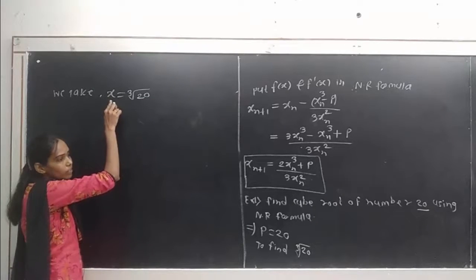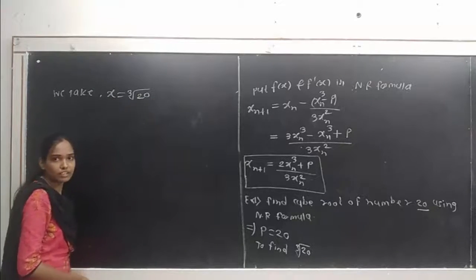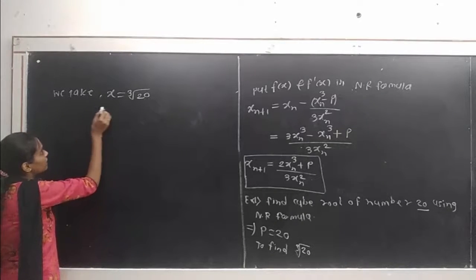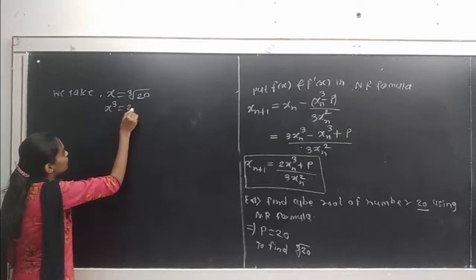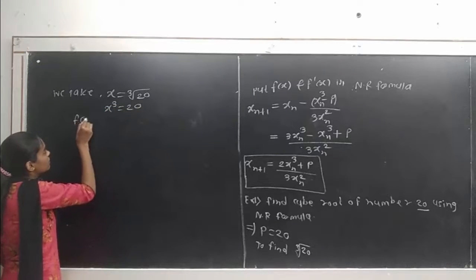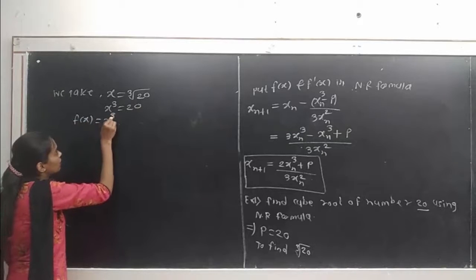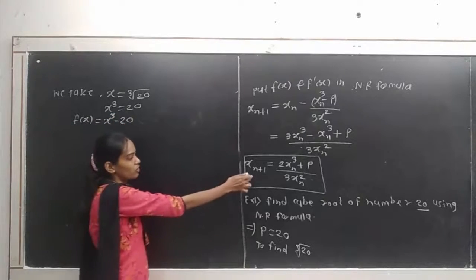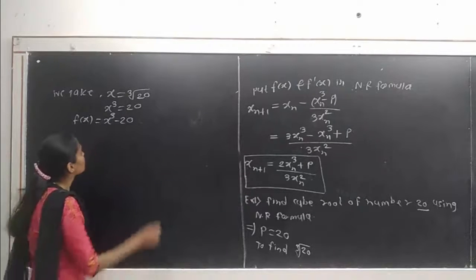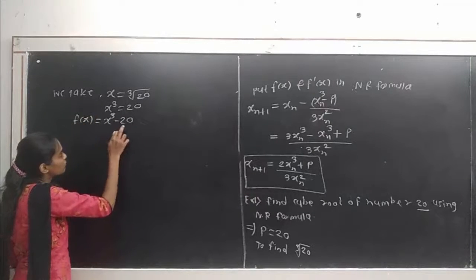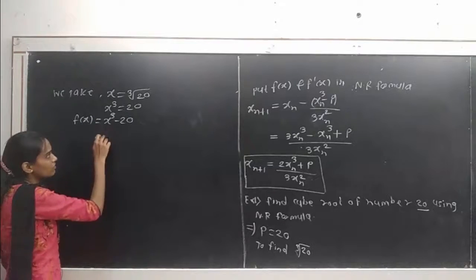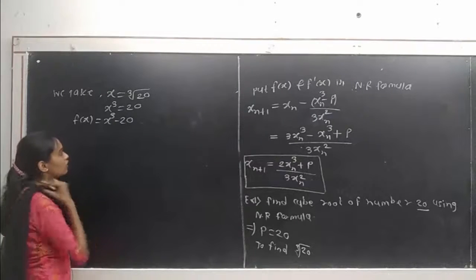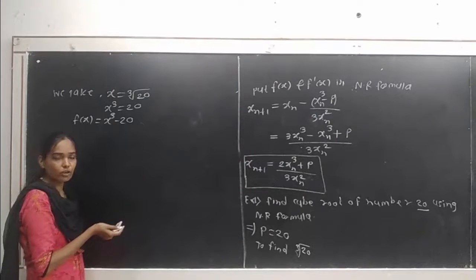From that we get x cube is equal to 20, that is, the function f of x is equal to x cube minus 20. Since we know the formula, it is not necessary to find these steps or the derivative of that function.